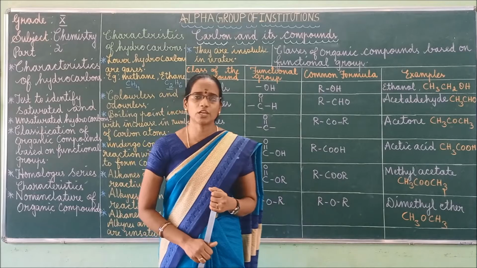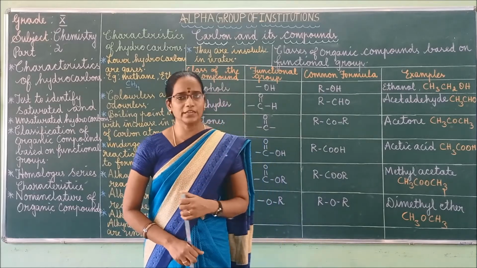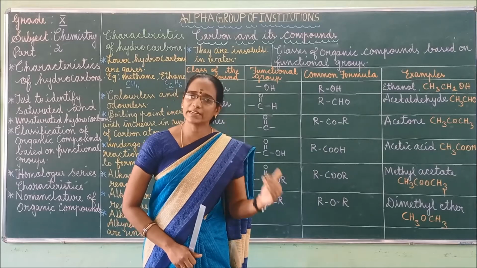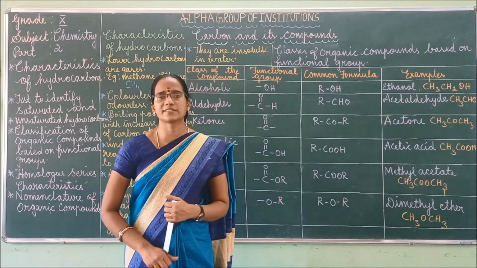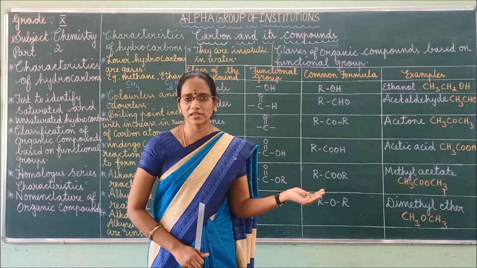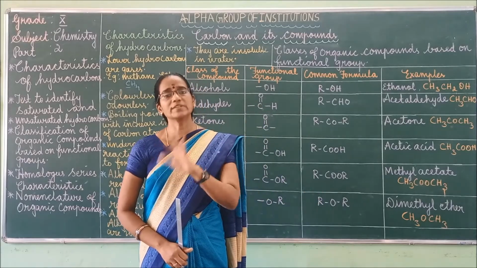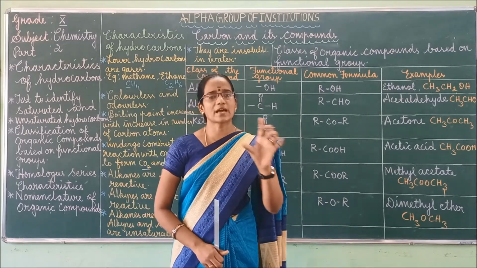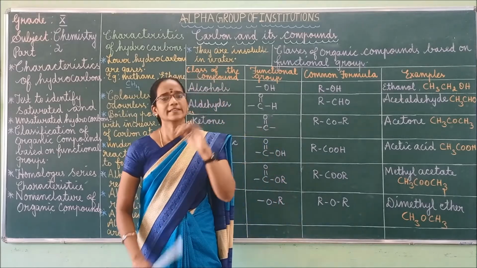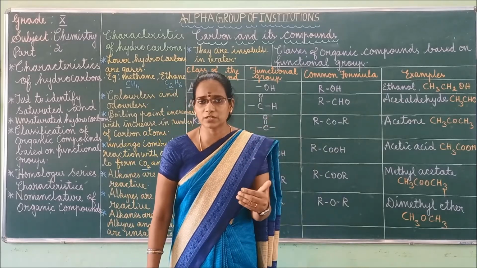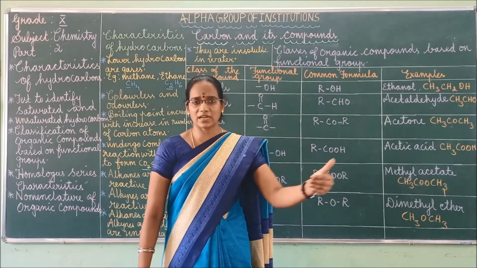Once again I will tell you, a sample will be given to you. From that sample you have to identify whether it is a saturated compound or unsaturated compound. Saturated compound means, you know, it is an alkane. Unsaturated compound means it may be an alkene or alkyne. First the sample is taken in a test tube. Next we add the bromine water dropwise and observe any changes in the color.